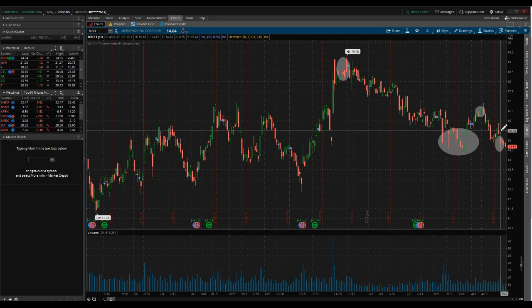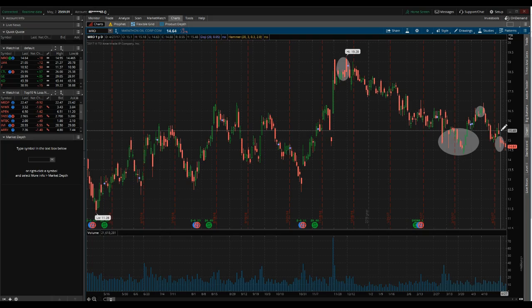Now, with my other 500 shares that I would normally buy, typically I like buying 1,000 shares of MRO, but since it wasn't quite at $14.50, I went ahead and wrote 5 cash secured puts. We will also be going over cash secured puts as well.